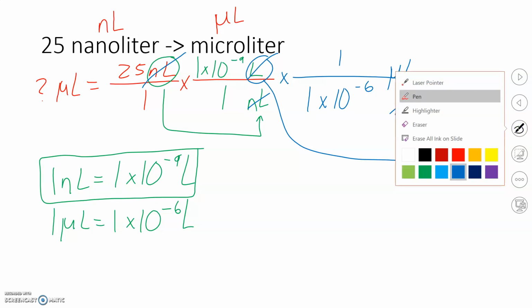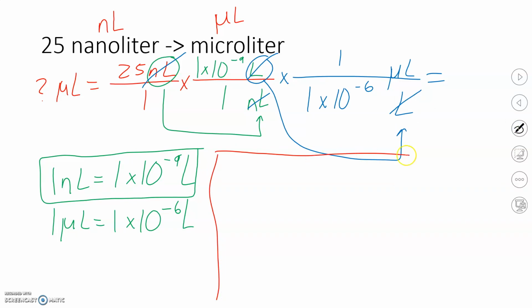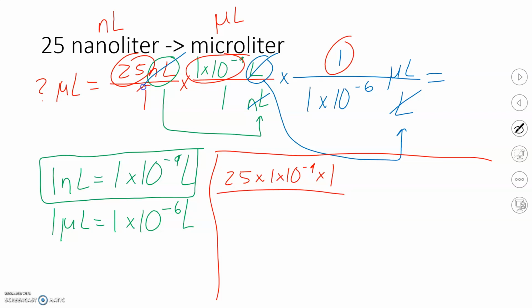So with this next section, let me change colors again. Let's go to red. I'm going to section this part off. So we have 25 times 1 times 10 to the negative 9 times 1. Again, all I'm doing is just looking at these numbers here. Then when I go to look at the bottom, it's 1 times 1 times 1 times 10 to the negative 6. So again, with all of these, you can ignore the 1s.